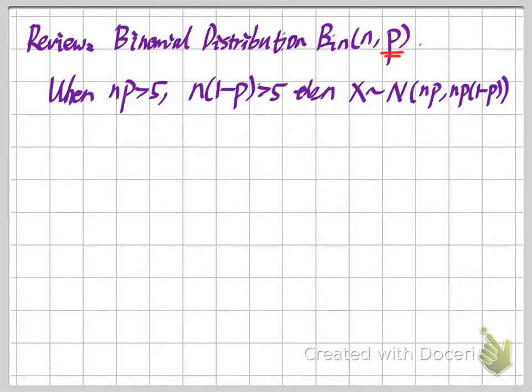If you are familiar with the binomial random variable, you know that np is the formula for the mean of a binomial distribution, and np(1 minus p) is the formula for the variance of a binomial random variable.